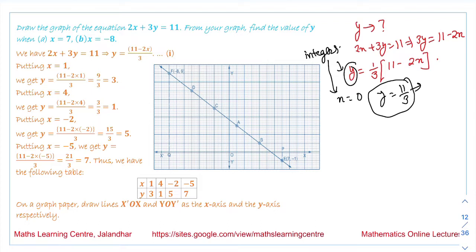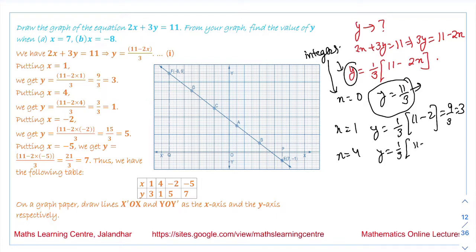So what we are going to do here, suppose I put x is equal to 1. The value of y I will obtain is 11 minus 2, that is 9 by 3, which is equal to 3. Next, suppose I put x is equal to 4, I will get y is equal to 1 by 3 into (11 minus 2 into 4).